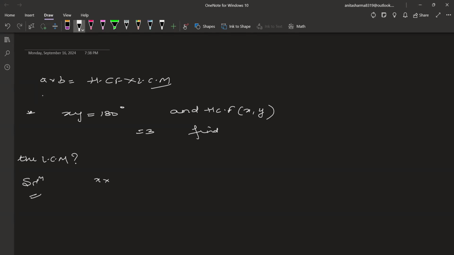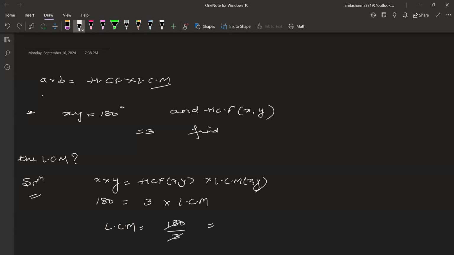So the product of two numbers will be equal to HCF of x and y into LCM of x and y, right? So the product is given as 180 and the HCF is 3, so 3 into LCM. What will your LCM be? LCM will be 180 by 3, so 60. Got it, children?